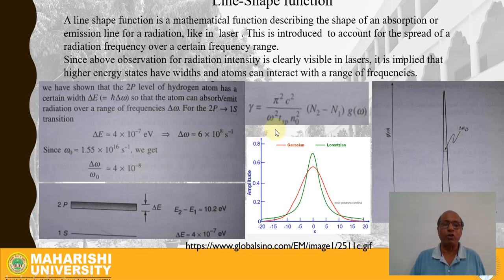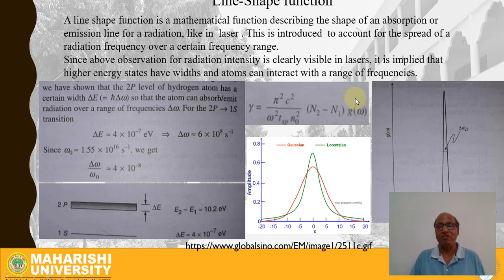Now if you recall, last time we discussed the gain coefficient, which was related to the population inversion factor. Now we have this term g omega also, that means the line shape function. So the gain coefficient is directly proportional to the line shape function.